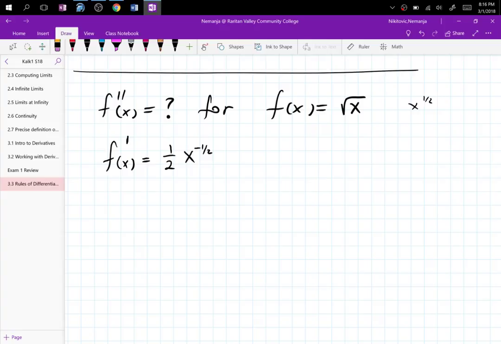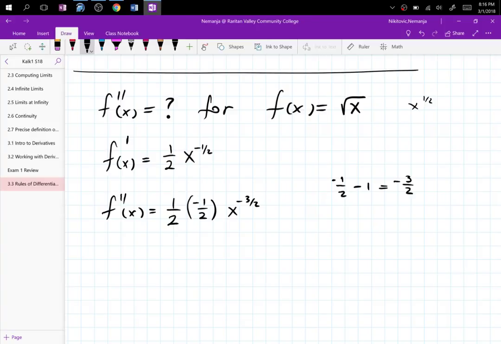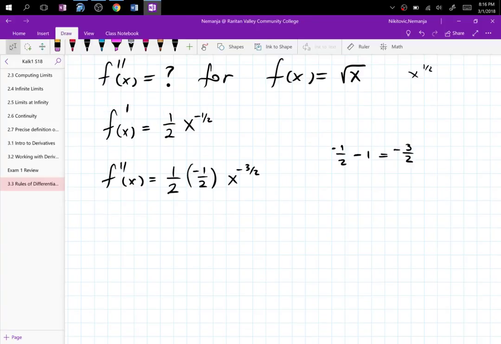So now you copy the old half, drop the new negative half down, and x to the negative 3/2, because negative 1/2 minus 1 is negative 3/2 when you do the common denominator and all of those wonderful things that you're used to in algebra.